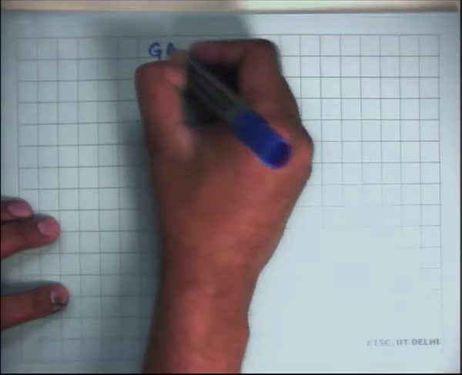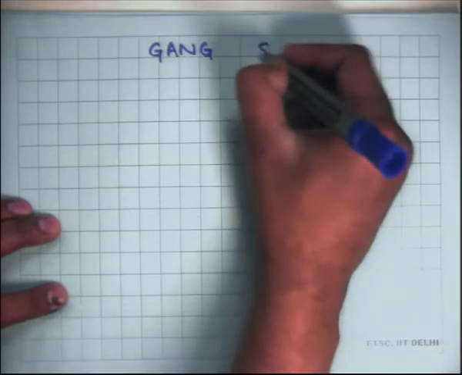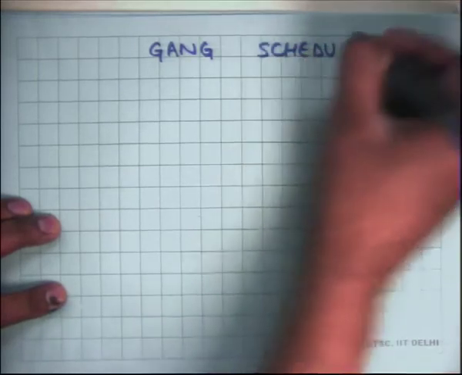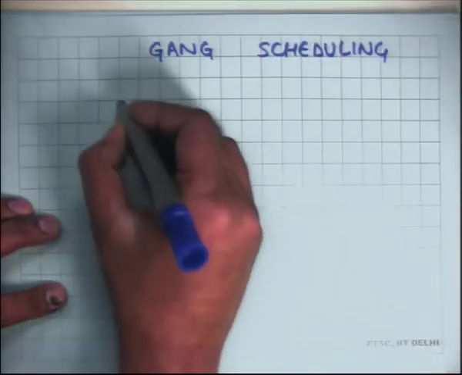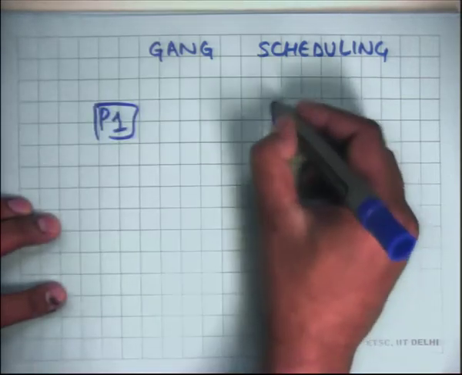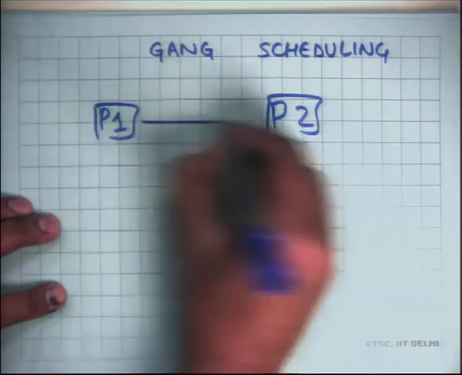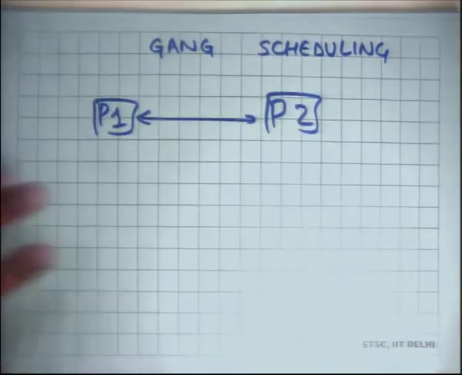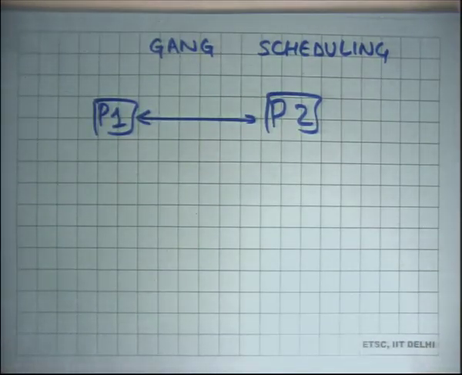There's also something called gang scheduling. So if there are processes P1 and P2 that communicate with each other, let's say they have a producer consumer queue between each other. Let's say P1 is a network thread and P2 is a server thread, and they need to talk to each other because they have a queue in the middle, and they will just keep exchanging information between each other.